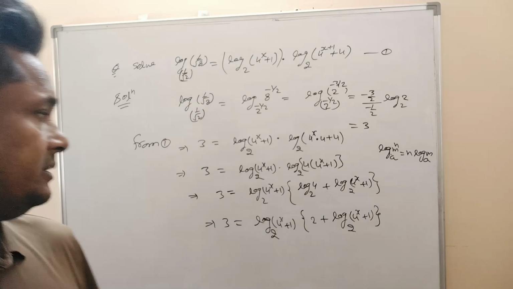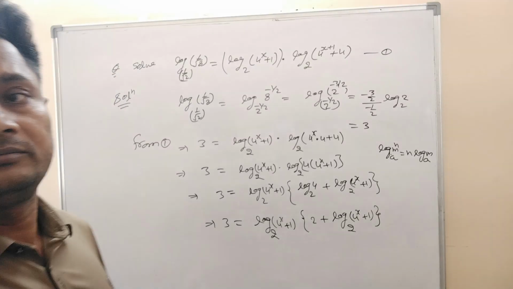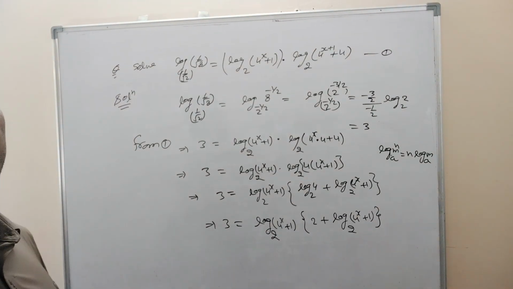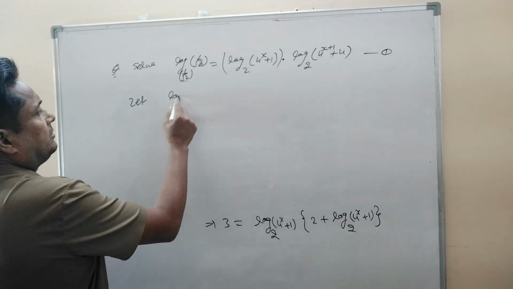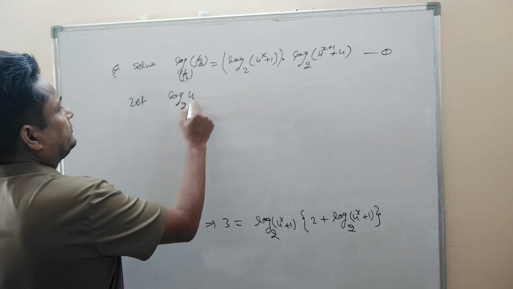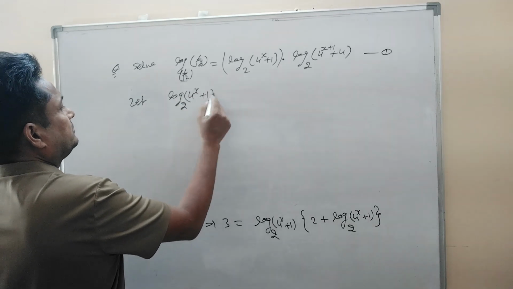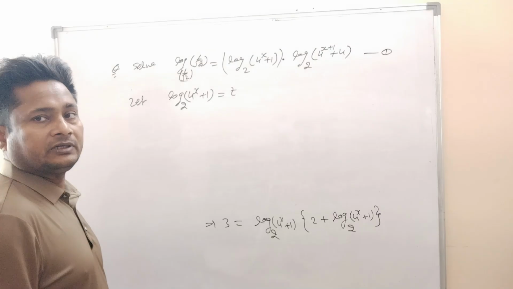Now we can substitute values. Now let log of base 2 of 4 to the power x plus 1 be equal to t, right?